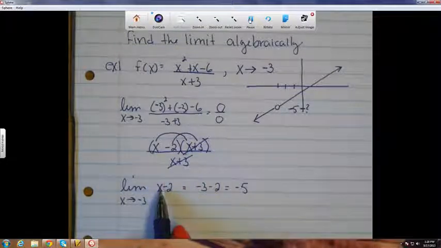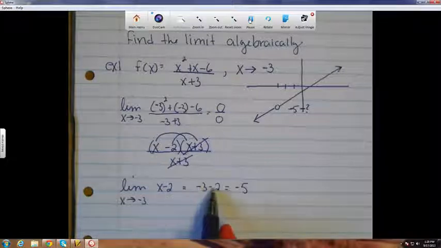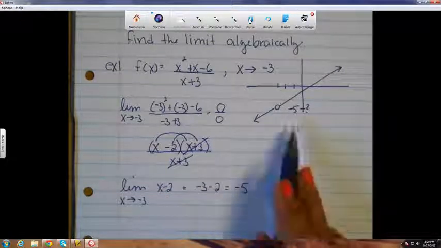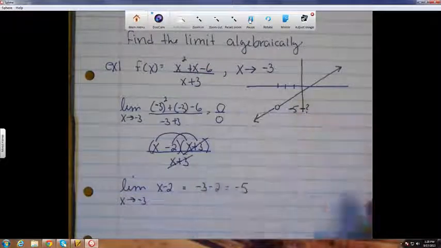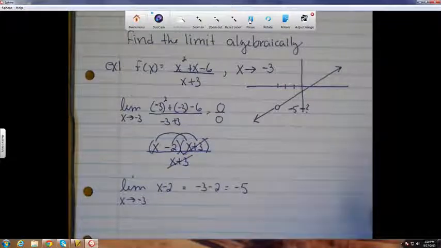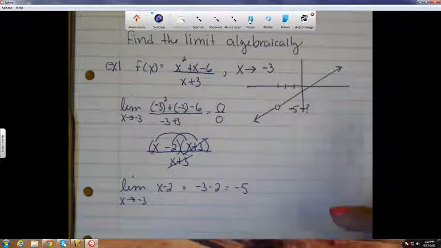Plugging in negative 3 minus 2, there's our negative 5. And that's what we thought we should get from the table. I'm just going to practice this skill today, but the factoring is going to get a little bit more challenging. You're going to have to use that skill you learned the other day.